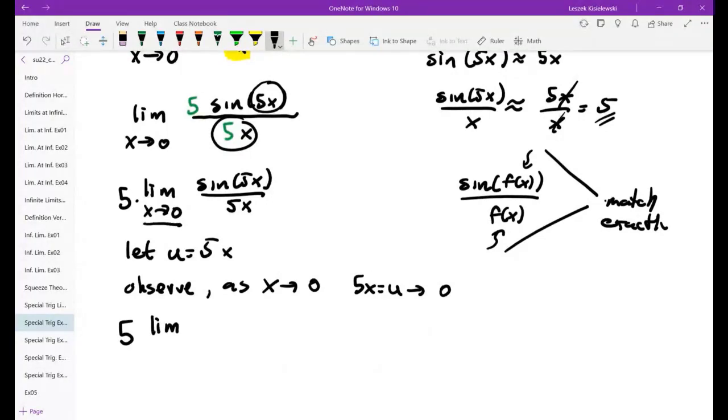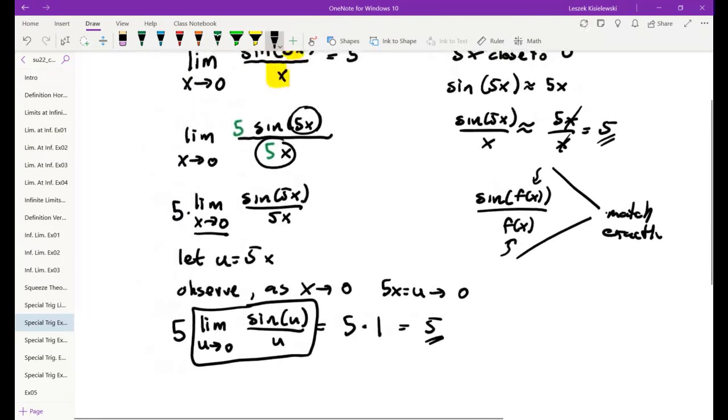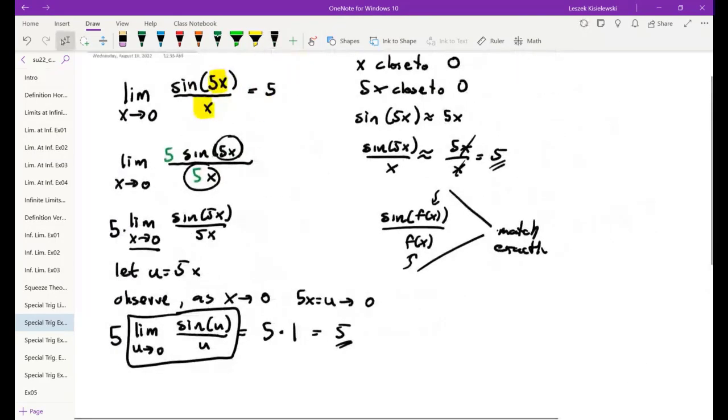So as x goes to 0, that's the same thing as saying u goes to 0. Okay, and now we know that this is our special trig limit. Sine of u over u as u goes to 0 is simply 1. So the answer is 5, as we anticipated with our close to 0 approximation.